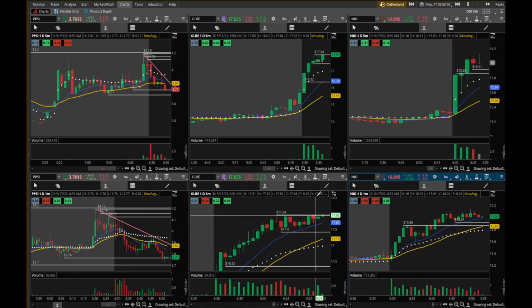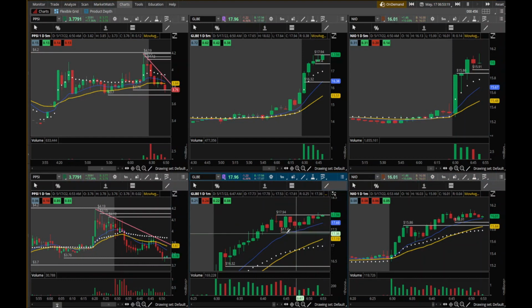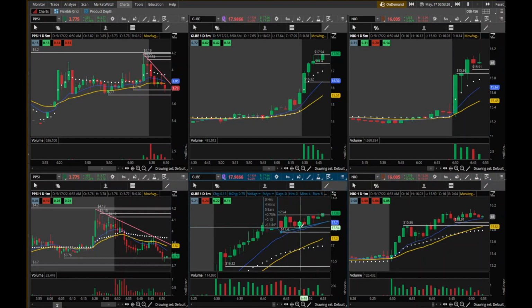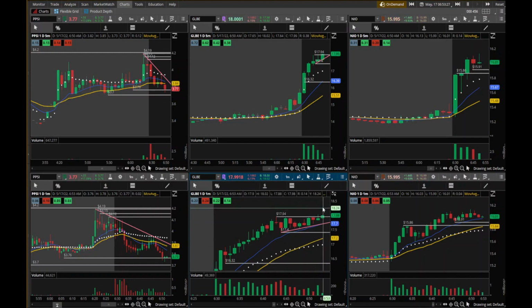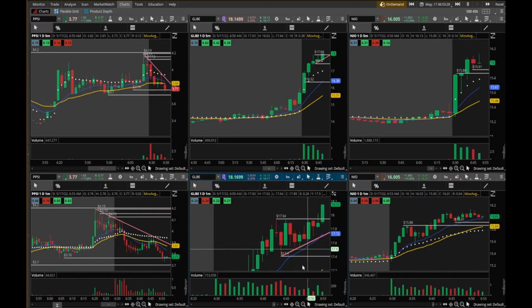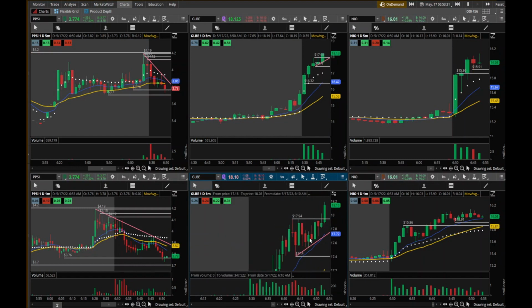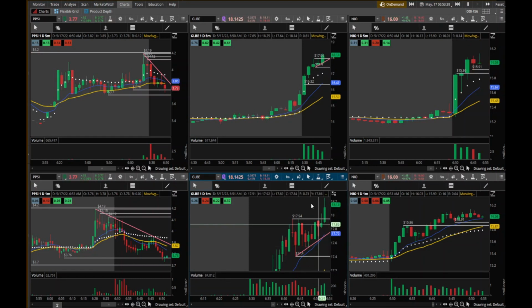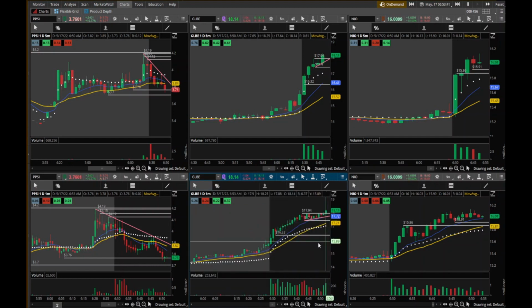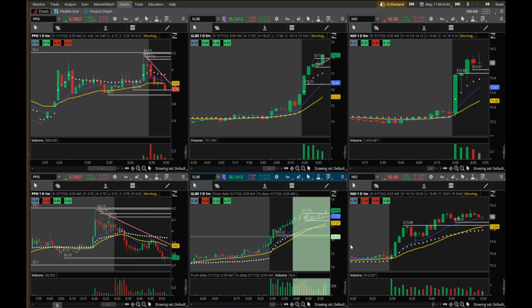You got this flat top across here. That's what they call it, a flat top. And then you've got this consistent higher lows on the way up. Now that's a really nice break. A lot of buying there. I only made a little bit of money on that.